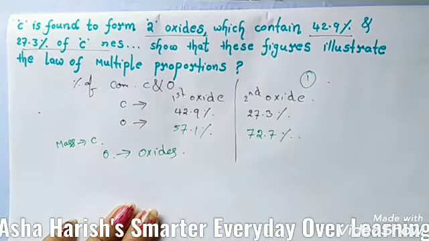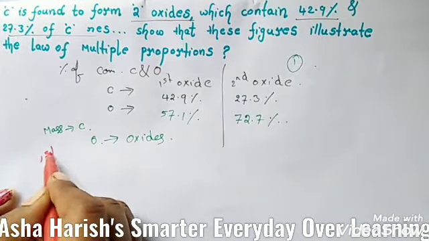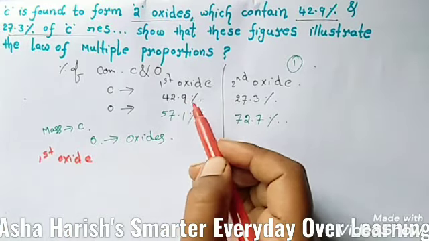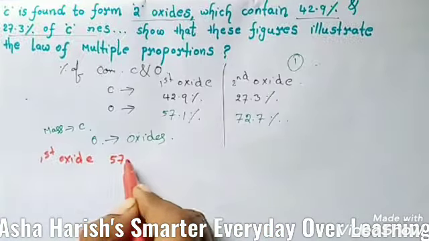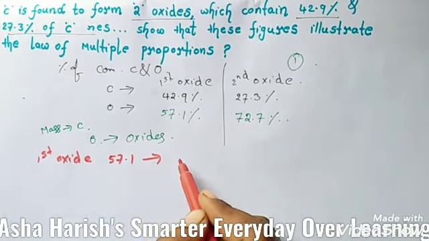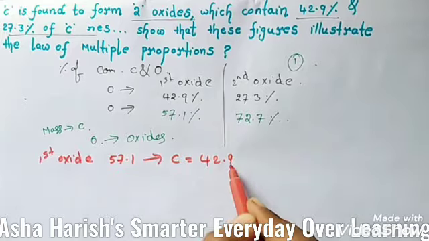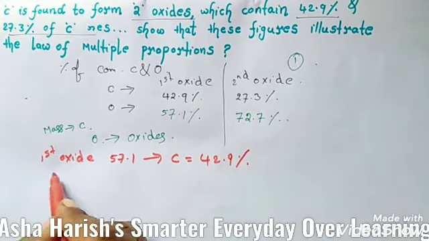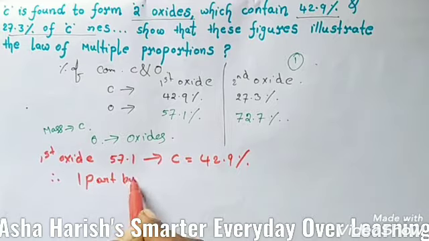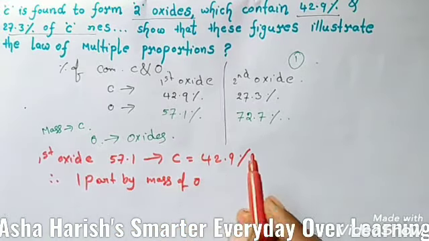In the first oxide, here I have written already, 57.1 parts by mass of oxygen combined with carbon is 42.9%. Therefore, 1 part by mass of oxygen will combine with carbon.